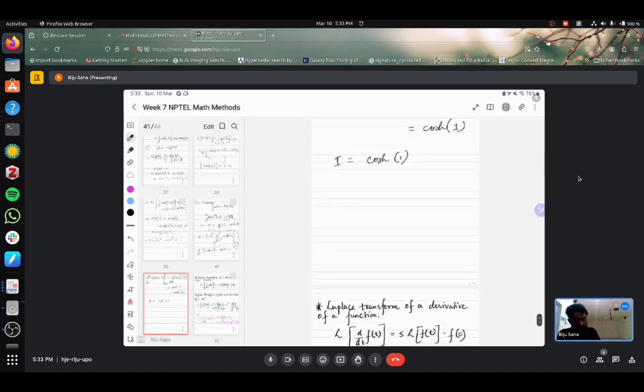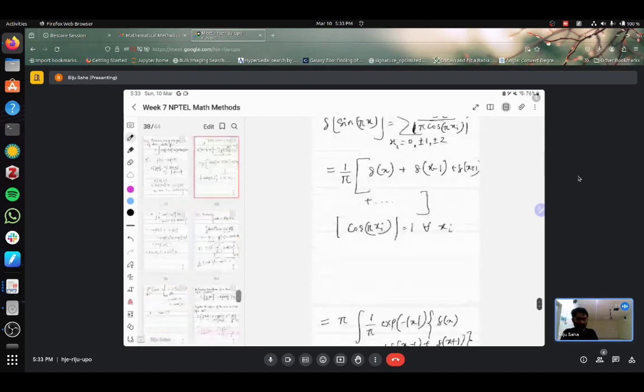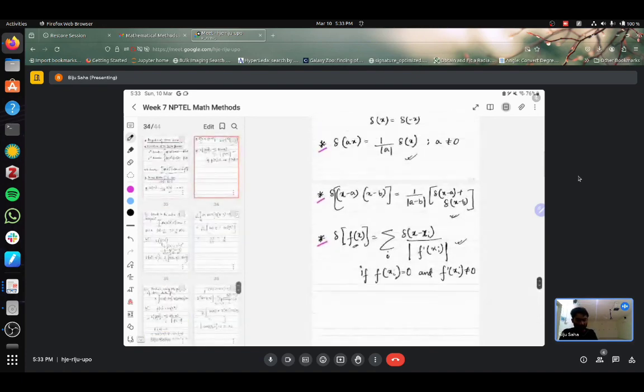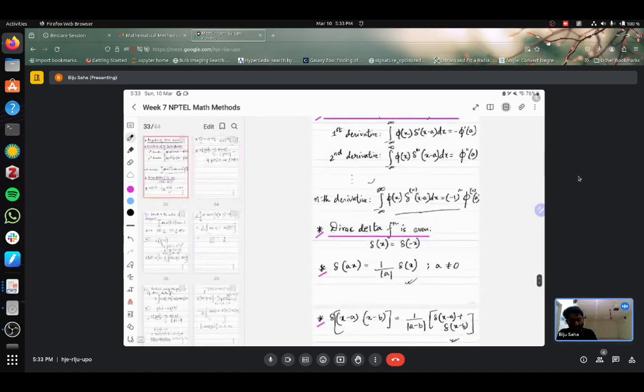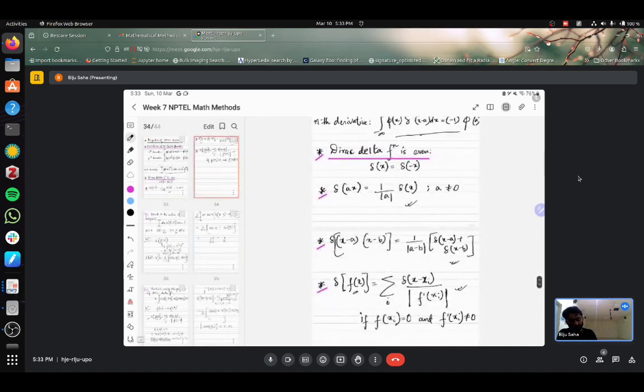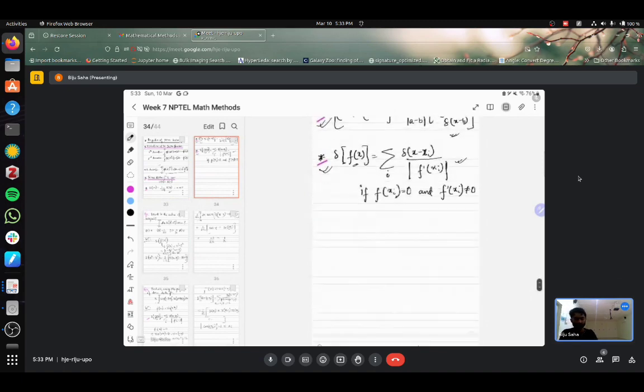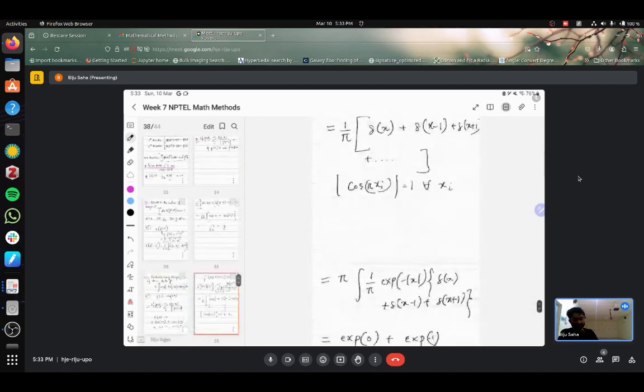We have used mainly three properties here, just to review: first of all, this derivative property in the last question, and then this property, and again this property. I hope that's clear.